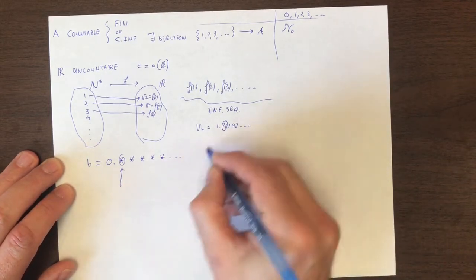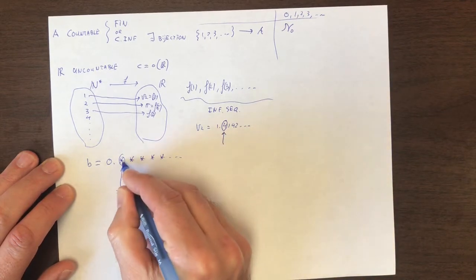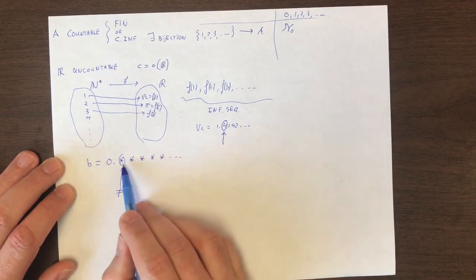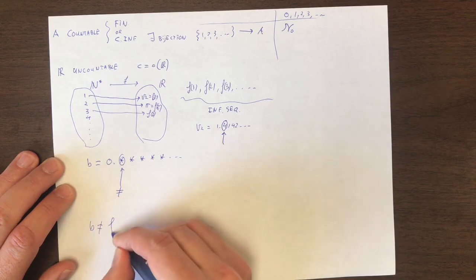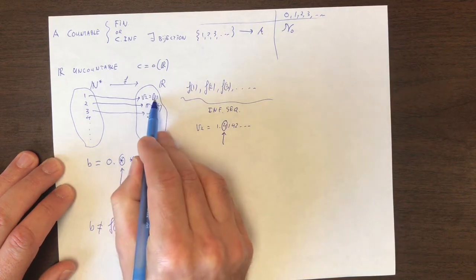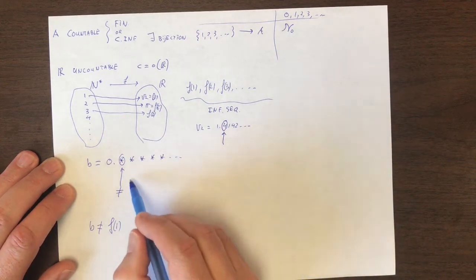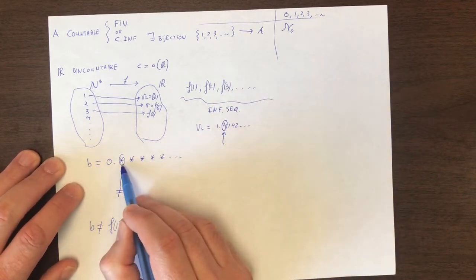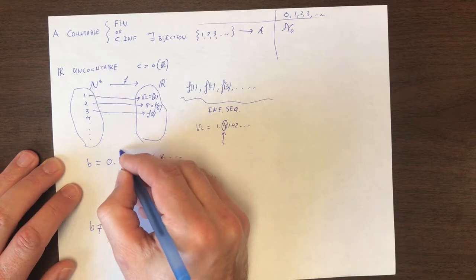In any case, I'm going to choose this one so that it doesn't match that number. In other words, I'm going to choose this number in such a way that b is not equal to the first real number that I picked. You can put here whatever you want, but just don't put a 4 here. Let's say 9.